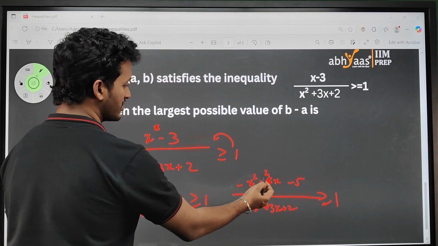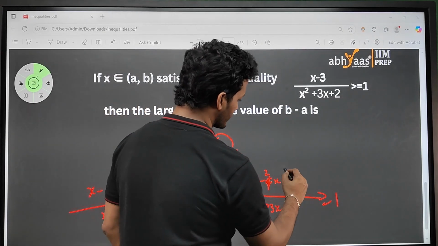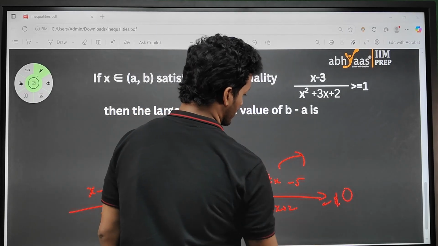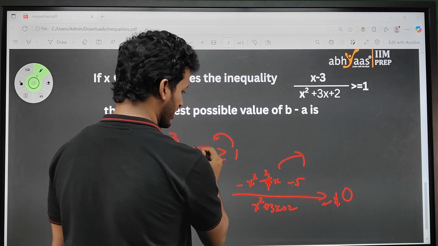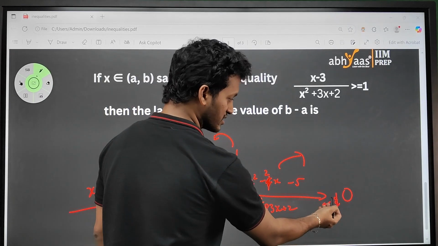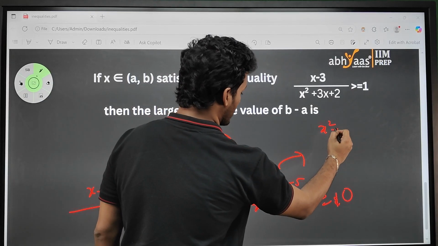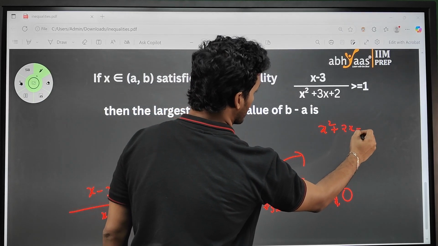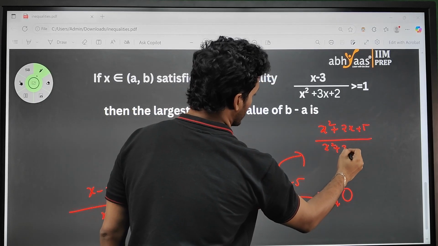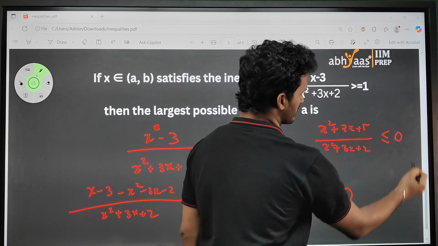So remember this is all minus. If I have to remove this minus, I have to multiply both sides with minus. This is 0, right? I have taken 1 here, so this is 0. Then the symbol changes, the symbol will be opposite here. x square plus 2x plus 5 over x square plus 3x plus 2 less than or equal to 0.